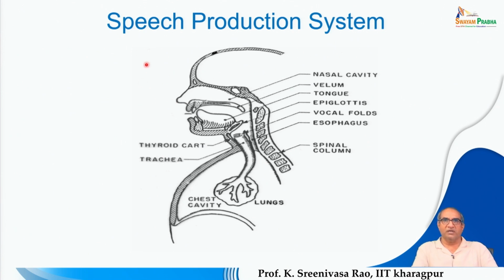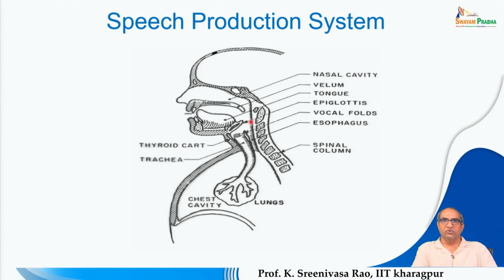In the last class we also briefly discussed the speech production system with the help of this figure, which is the cross-sectional view of our speech production system. The speech production system involves the lungs assembly and the connected windpipe, and then here is the laryngeal cavity where the vocal folds are.